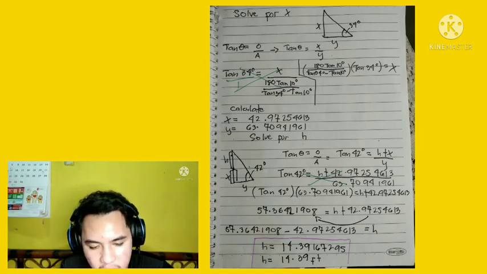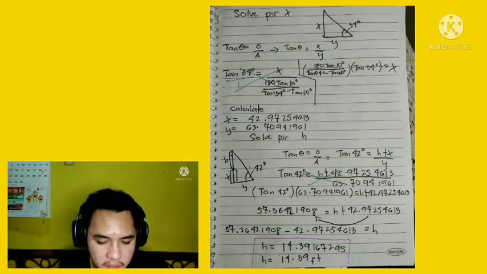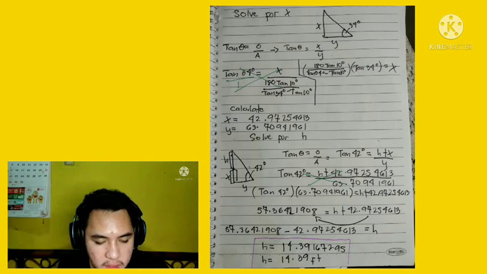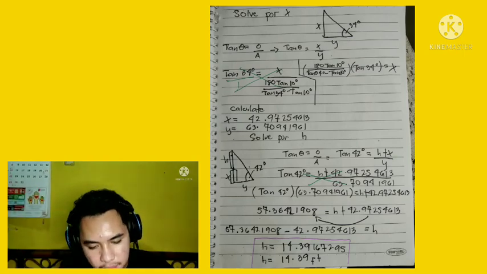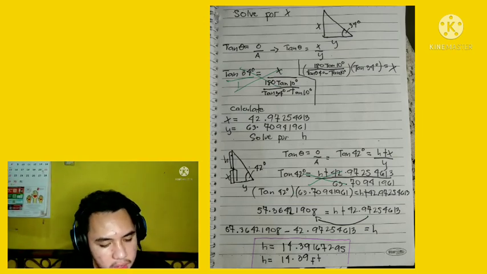So we get the other triangle in our first illustration. We have here x as the height of the hill, and y is the adjacent of 34 degrees. So our tangent theta is equal to opposite over adjacent again.